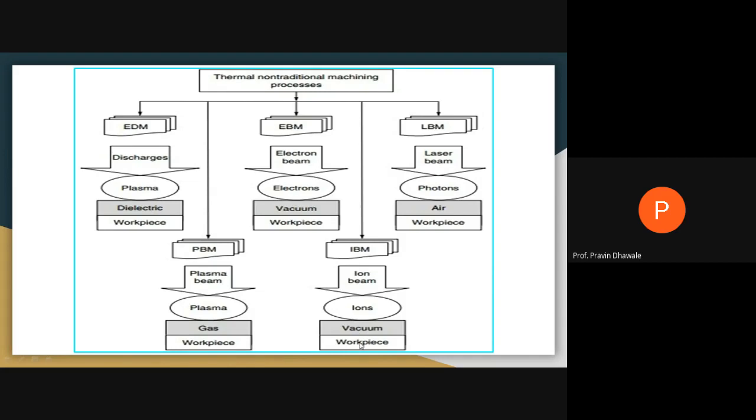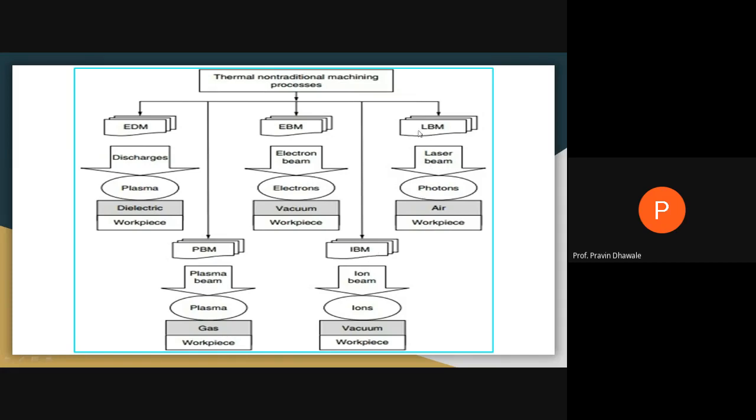In multiple choice questions, they may ask which of the thermal machining processes will require the vacuum. So if options are given, the correct option is electron beam machining or ion beam machining.